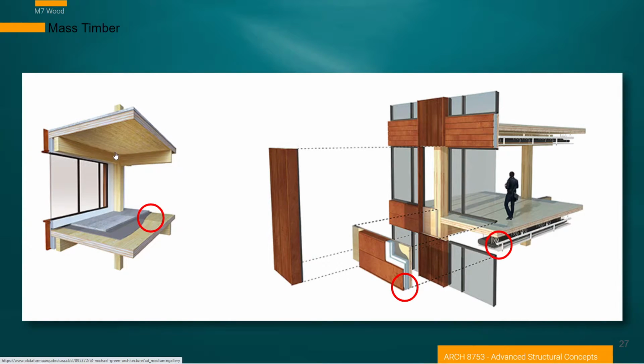If you want to have the ceiling exposed, you actually have to start thinking and accommodating where all of your utility systems are going to go. So you can draw this, but in reality, you have to deal with all these components.